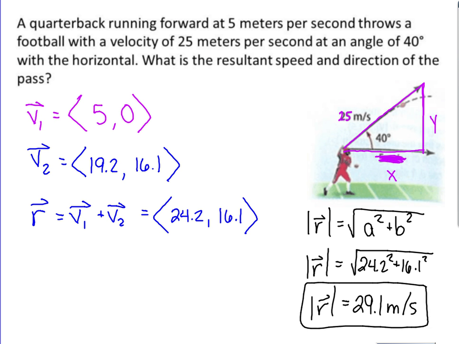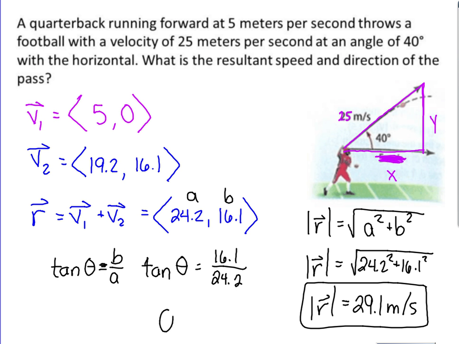Then you need to find your angle. Remember we said that the tangent of theta is equal to b over a. This is our a value, this is our b value for our resultant vector. So tangent of theta is equal to 16.1 over 24.2. To get the theta by itself, you do the inverse of the tangent.